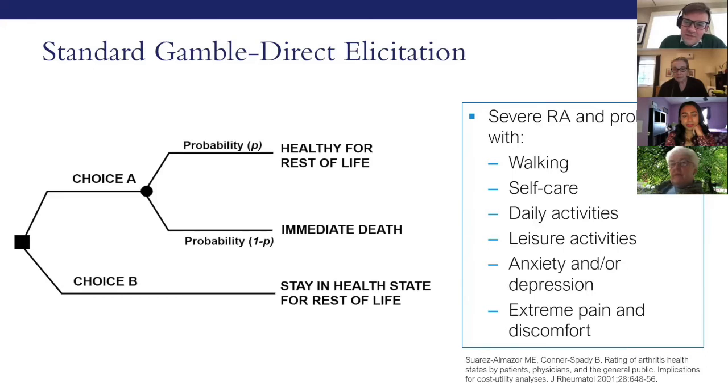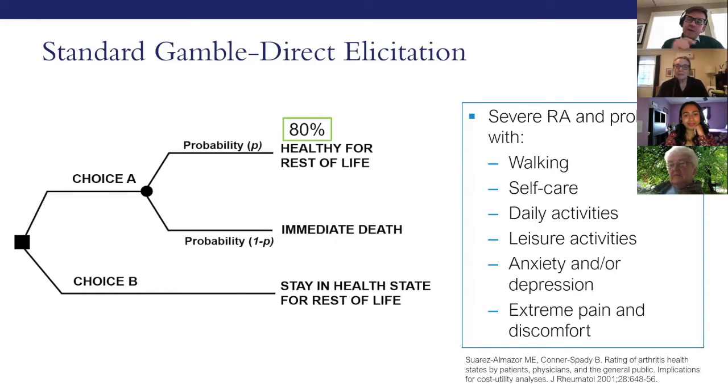Then you ask people a choice between two options, choice A or choice B. In choice B, you essentially stay in that health state for the rest of your life. And in choice A, there's some gamble associated with it. So there's a chance of instant death, and there's a chance of being cured of your disease and returning to full health for the rest of your life. So Megan?